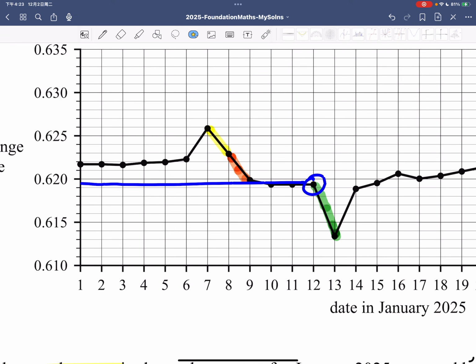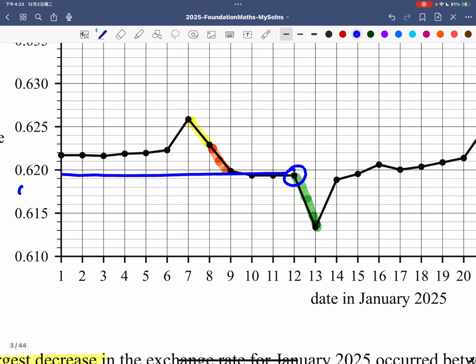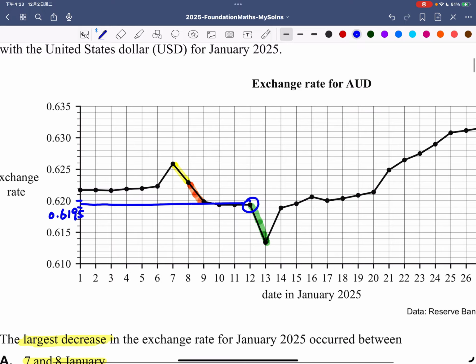This will be 0.6, I should say 0.6195, because it's the middle of these two small grids. And if you use another ruler here, draw a straight line over there, I would guess this is 0.613.